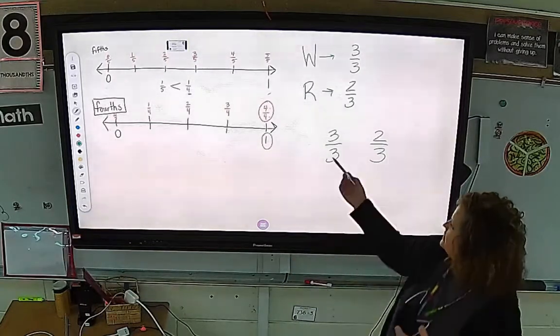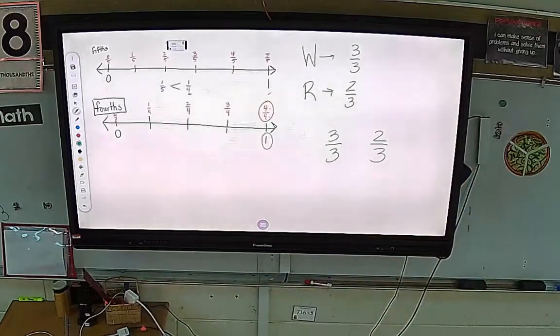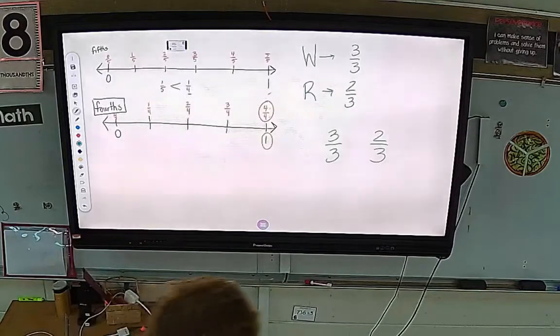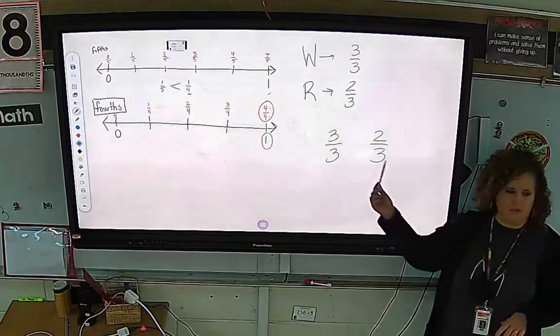Okay, so look at these 2 fractions and look at where they threw from. They both threw from the same starting point. Will's went all the way to the 3/3. Reagan's went all the way to the 2/3. Now, just by looking at the number line, which of these fractions is larger?